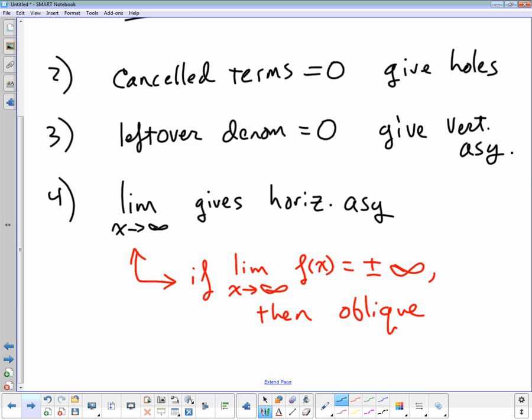You have to do synthetic division or long division, whichever you prefer, and then whatever line gets produced from that. I don't know if we're going to have time for that, but maybe we can do one.